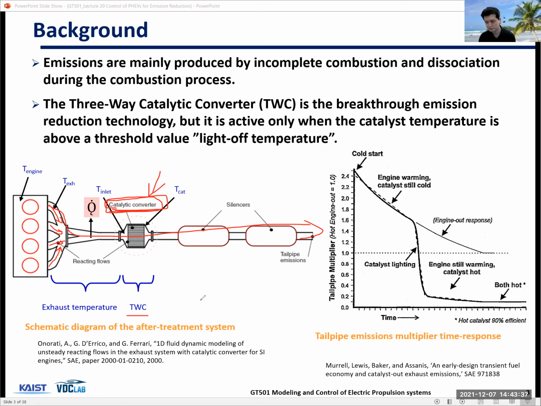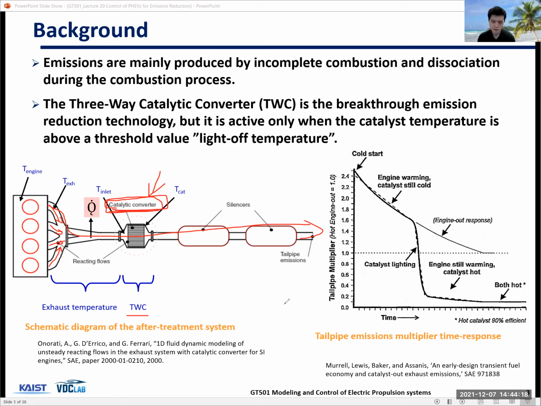I don't know if you guys have had this experience, but in the morning, especially during winter, if you go to a parking lot, you smell this very gaseous exhaust, right? That's because every vehicle is emitting these harmful emissions, and especially hydrocarbon has this smell. Okay.